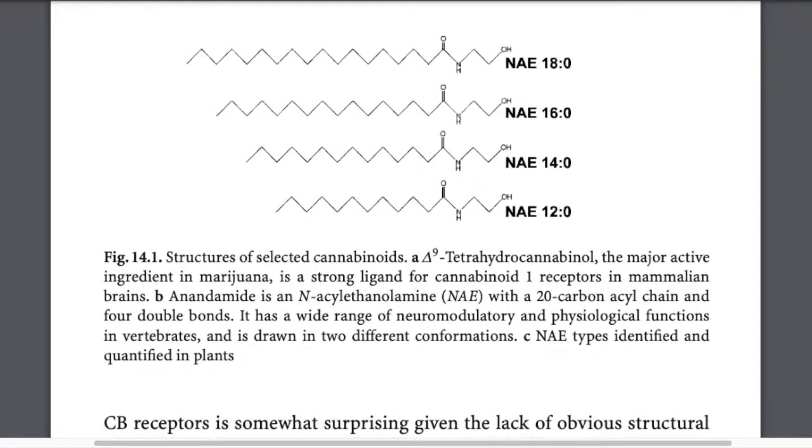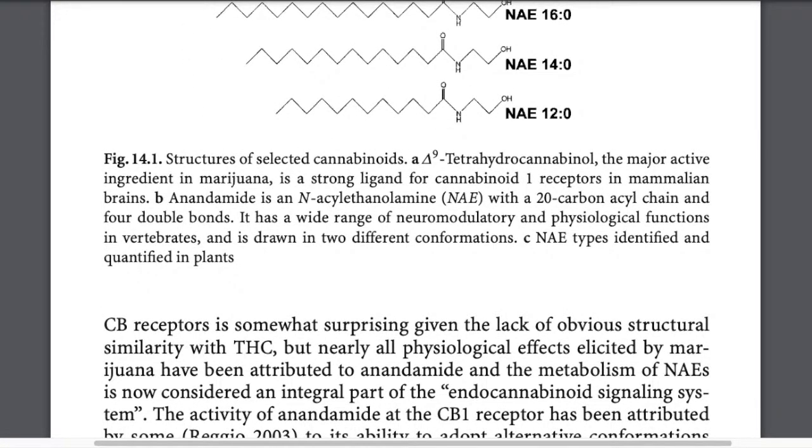So the structures of the cannabinoids, the major active ingredient marijuana is a strong ligand for cannabinoid 1 receptors in mammalian brains. Anandamide is an NAE with 20 carbon. It has a wide range of neuromodulatory and physiological functions in vertebrates, is drawn from two different conformations.